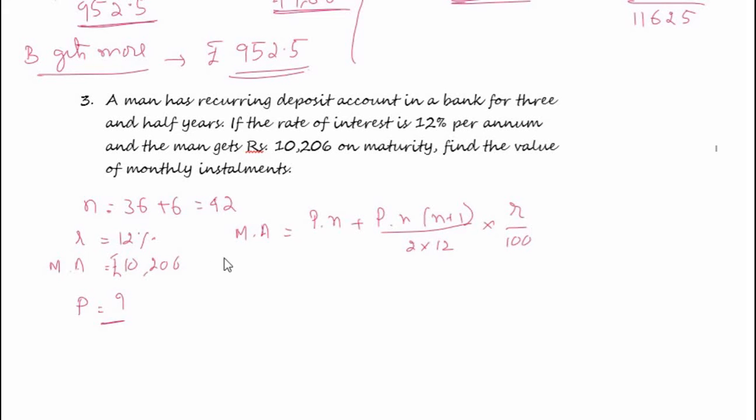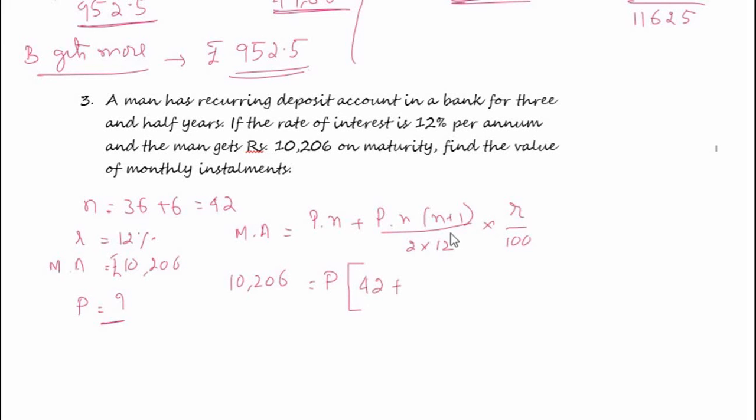Now maturity amount is given. Let us put it first here: 10,206 rupees. Into here P is common, so let me take P outside. N I will keep, because we have to find out P. So if I take P out, here only N is remaining. What is N? N is 42.